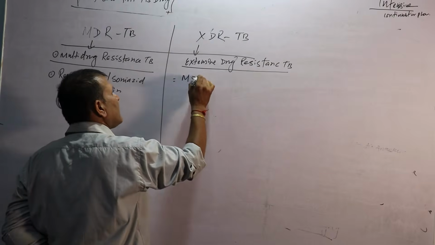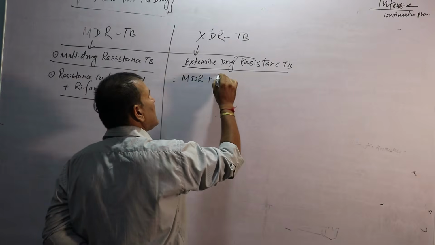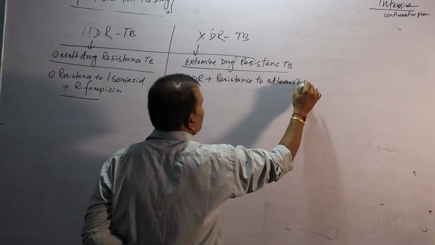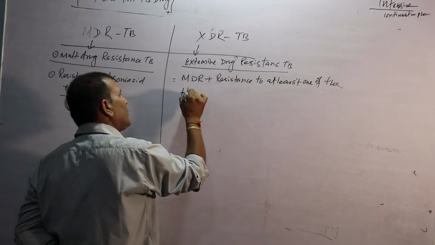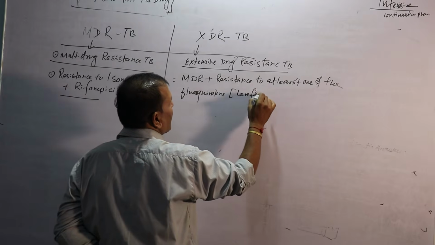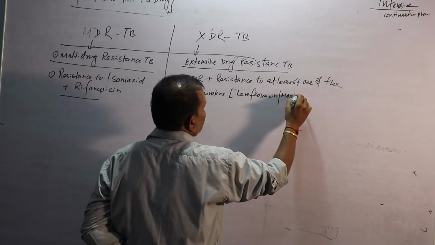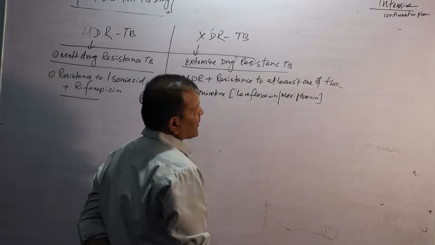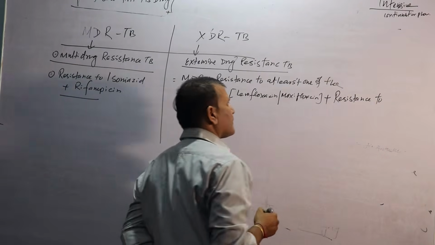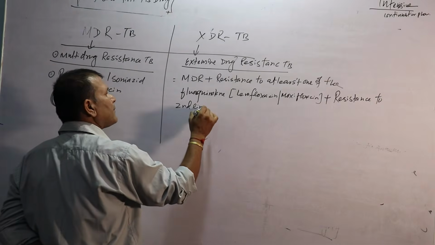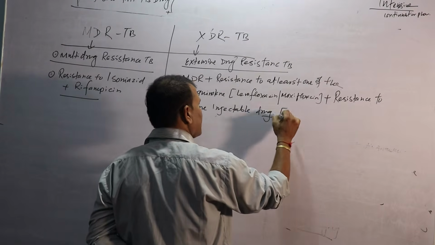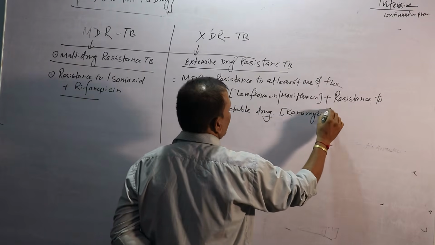It is commonly MDR plus resistance to at least one of the fluoroquinolone drugs like levofloxacin or moxifloxacin, plus resistance to a second-line injectable drug, such as kanamycin or amikacin.